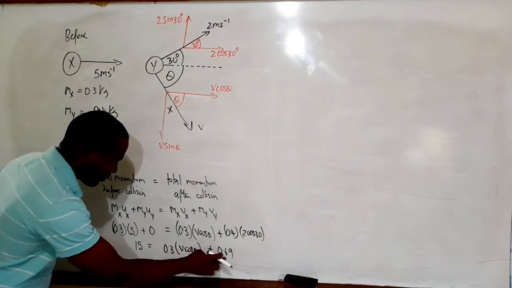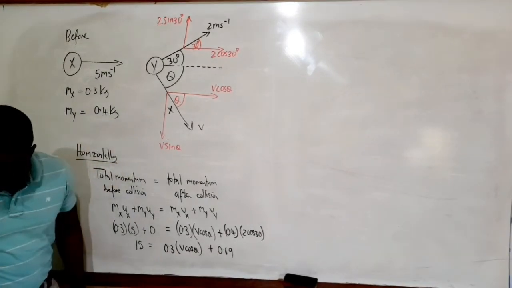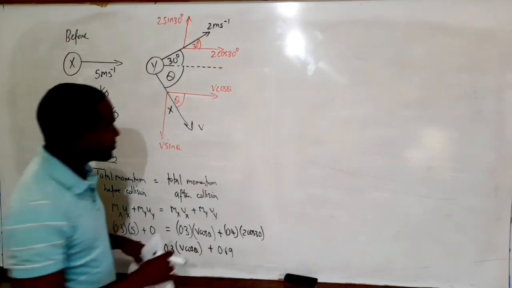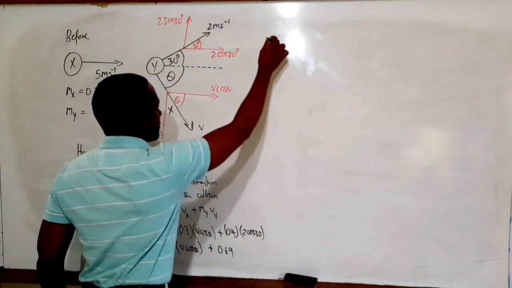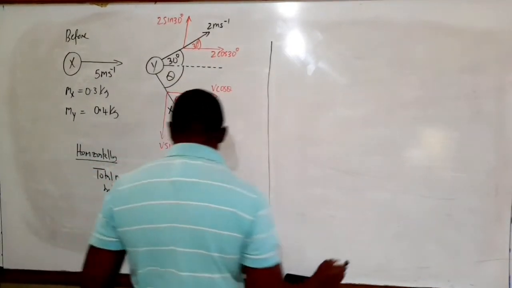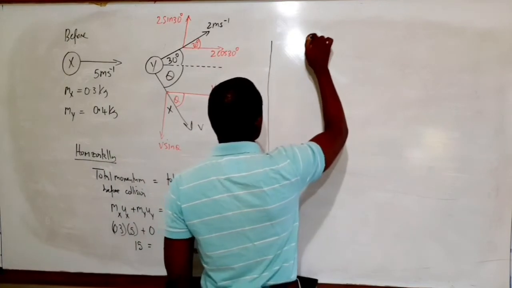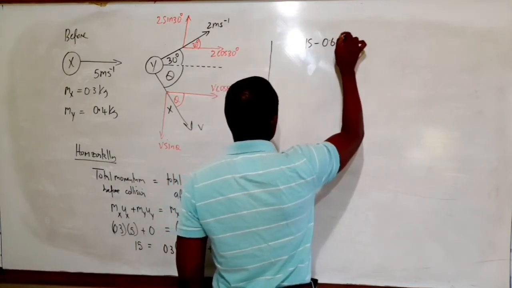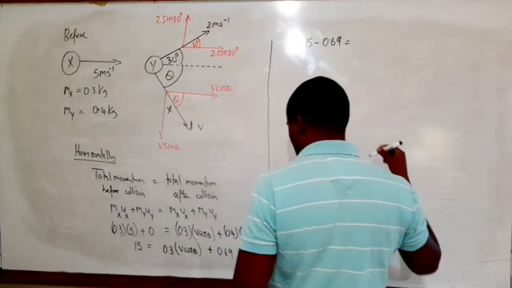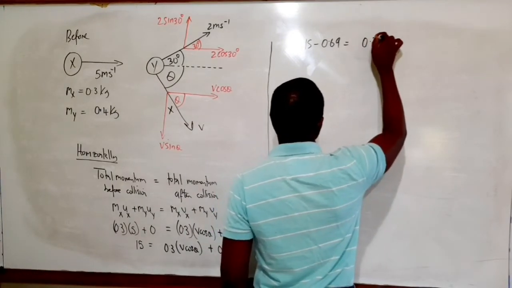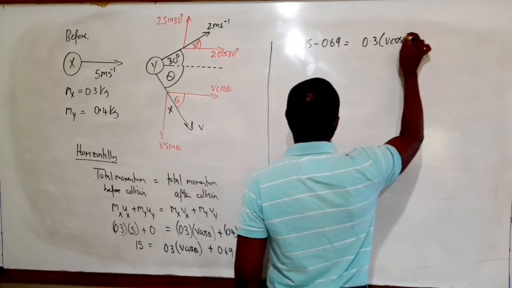So of course we bring the 0.69 across, so we get 1.5 minus 0.69 is equal to 0.3 times v cos theta.